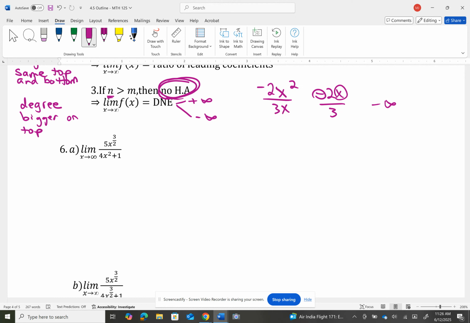So in practice, you can really do this by just thinking about how on this one, the degree on top is 3 halves, the degree on the bottom is 2. So it's bigger on the bottom, bigger degree on the bottom.